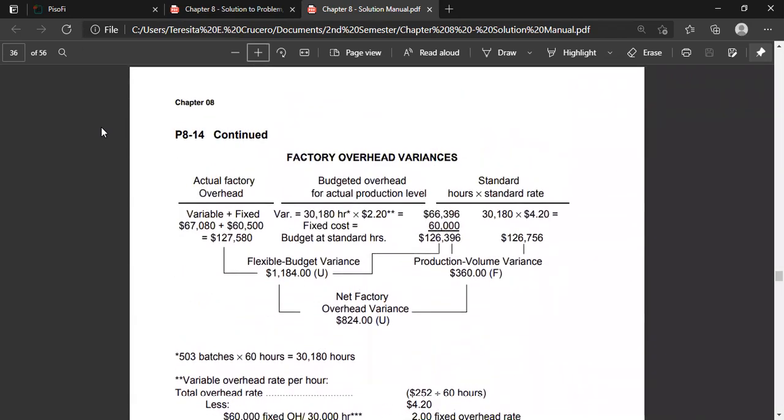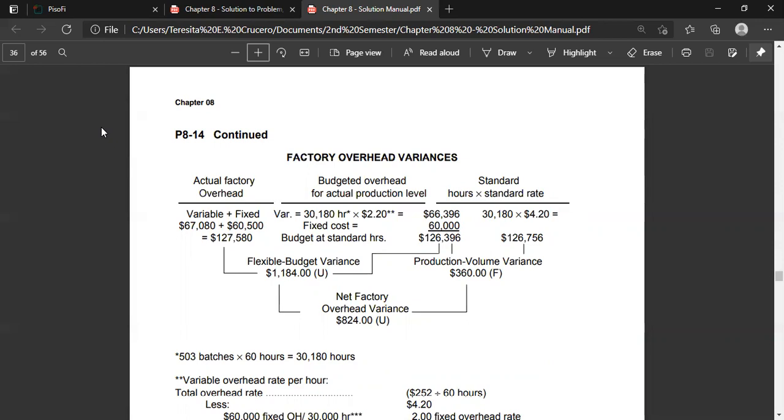Okay, now we go to 8-14, the next problem. But you know that factory overhead variances can also be determined as long as you know the formula. The actual factory overhead is the sum of variable and fixed, and we have 67,080 in problem 14.